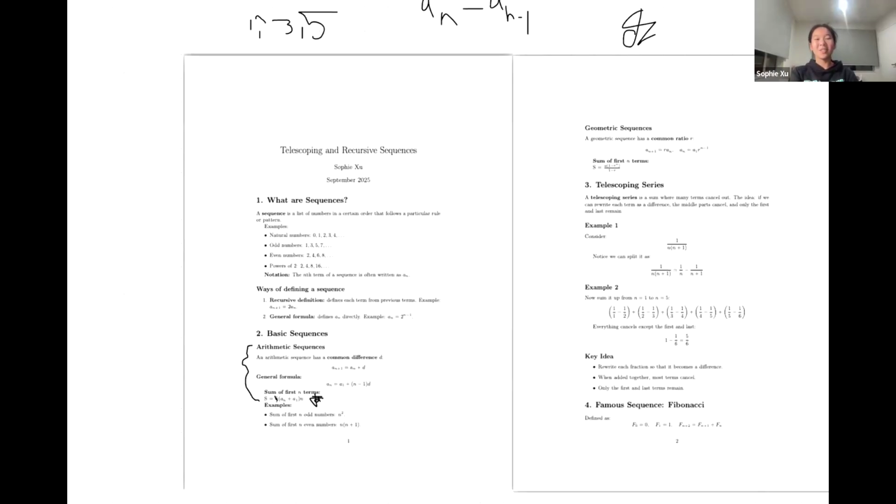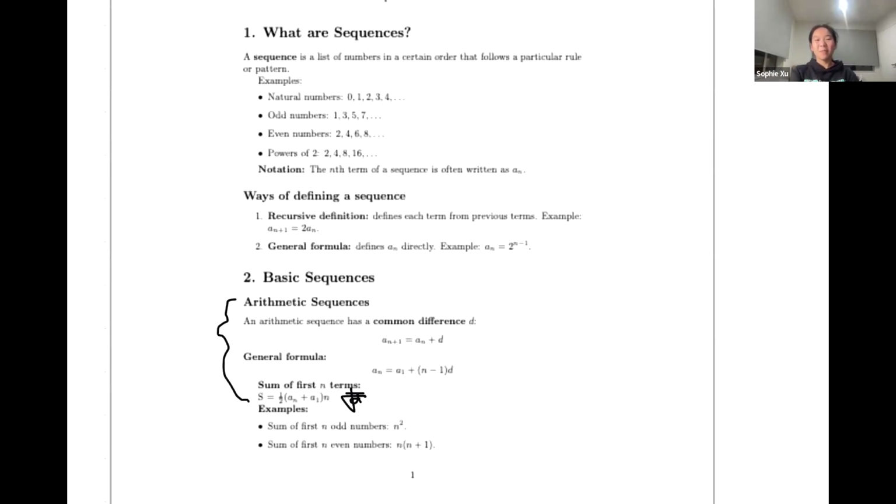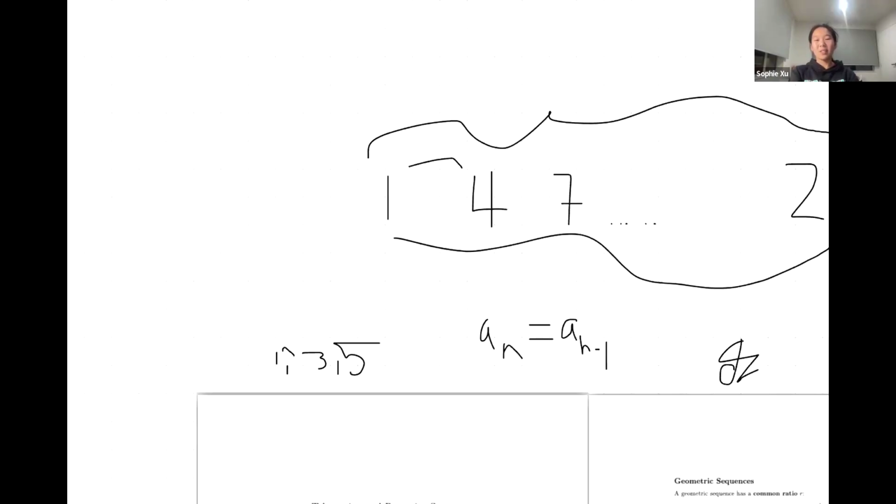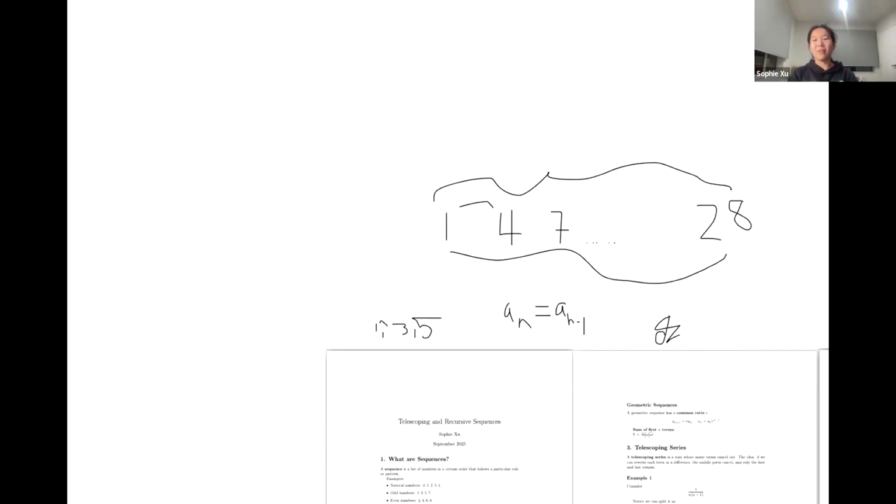So there are 10 terms, so it should be 1 plus 28 times 10 divided by 2, right? Which is 29 times 5. And that's 145. Does that make sense? Not times 9, it's times 10.